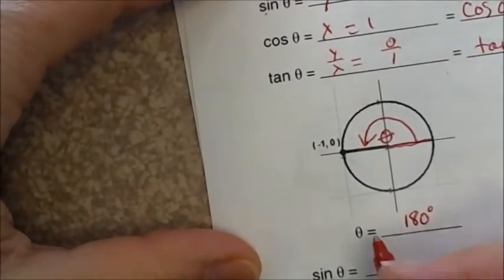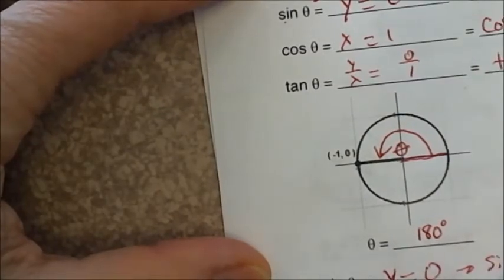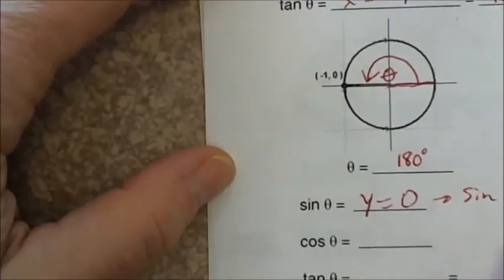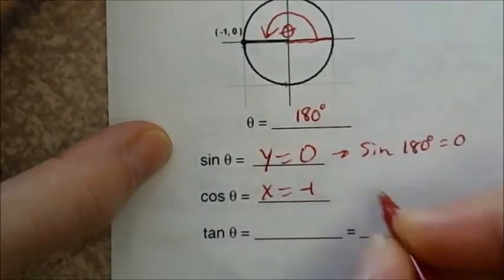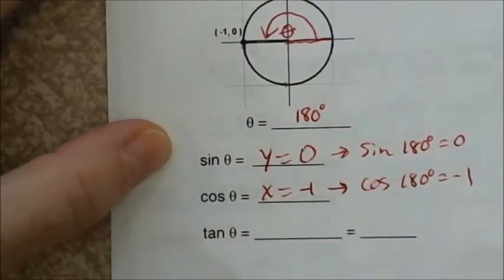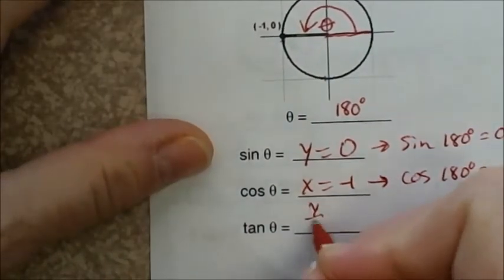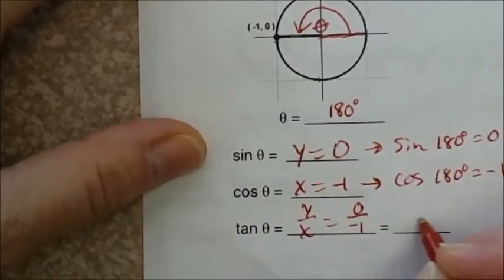Now we've got 180 degrees. The sine is y. This y value is 0, so that means the sine of 180 degrees is 0. Your calculator will tell you that. The cosine is the x value. The x value is negative 1. So it means the cosine of 180 degrees is negative 1. Tangent is y over x, which is 0 over negative 1. You can divide 0 over anything, which is 0.